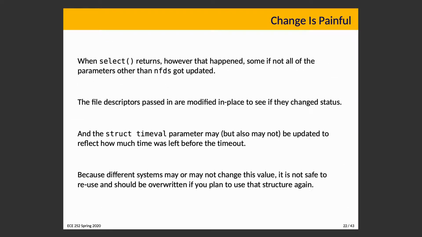Okay. And here's the number one reason why I do not like select, and this is against my preferences. You can make an argument that actually select is great. It's just my opinion. That's just like your opinion, man. But the thing is that change is painful.